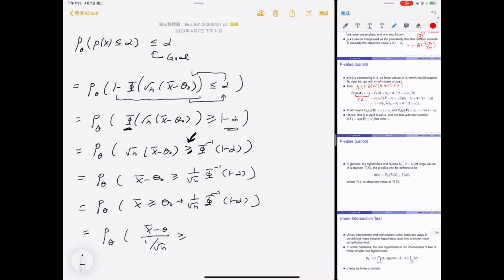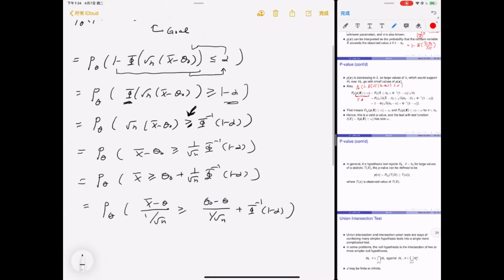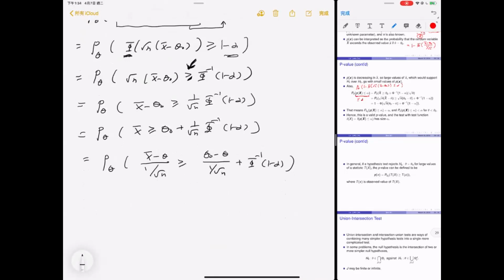And then theta 0, be careful, theta 0 minus theta, divided by 1 over square root of n, and then this guy is plus phi inverse of 1 minus alpha. Okay, good. So this guy again is z.